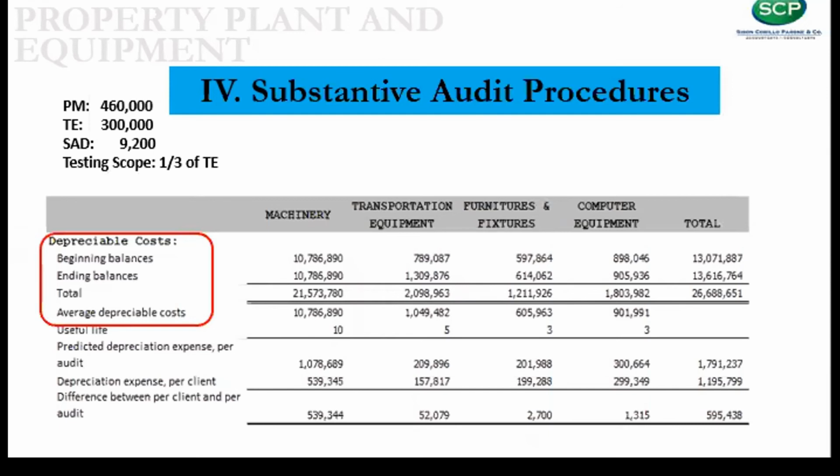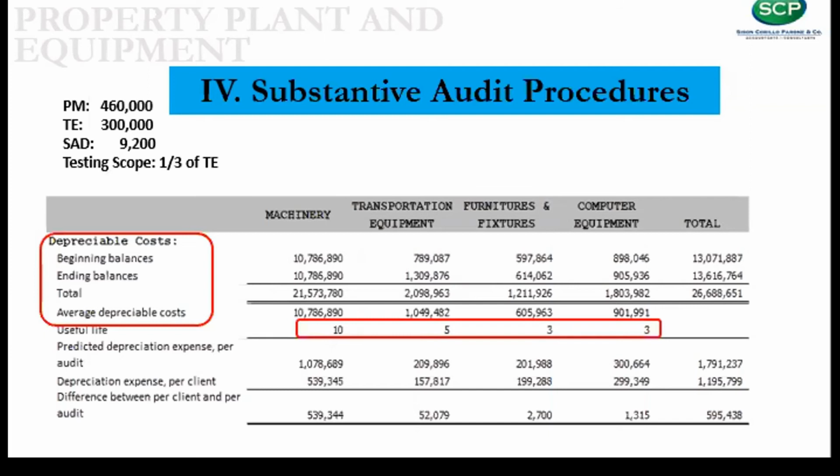The average depreciable costs are then subjected to the depreciation recalculation. In this case, it is assumed that the client has no fully depreciated assets and uses the straight line method in computing the depreciation. Accordingly, to perform the testing, we just took the averages of the costs recorded in the books that we have already verified previously and divided such average depreciable cost by the estimated useful life of each fixed asset classification.